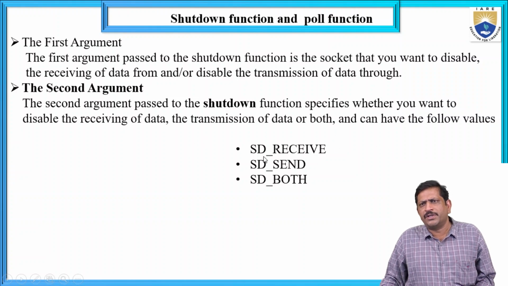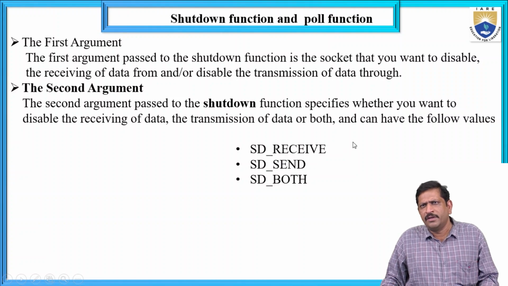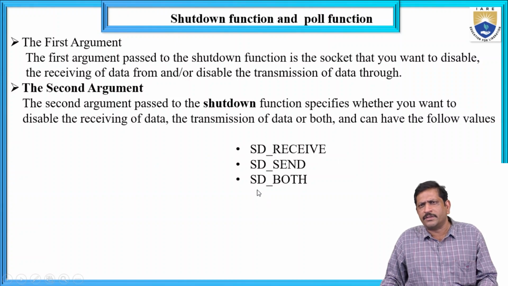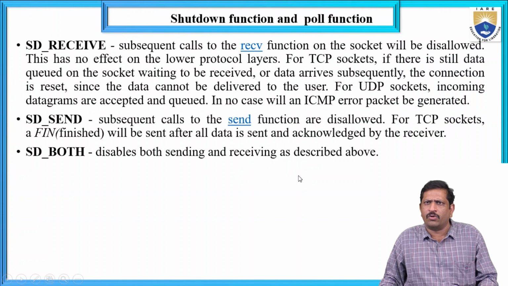That means shutdown receive disables receiving, shutdown send disables sending, and shutdown both disables both receiving and sending. So these are the values that can be considered while transmitting data in the second argument.